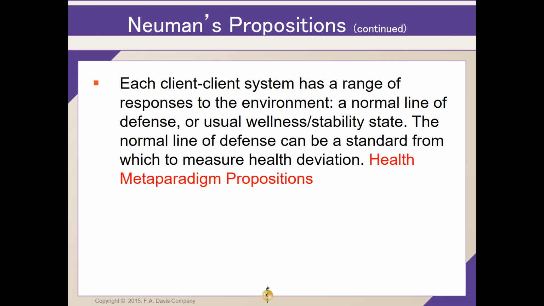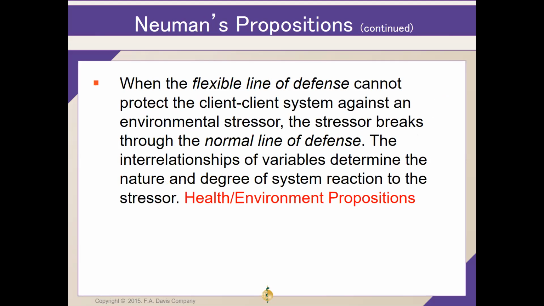So in this case, we have the client interacting with the environment to result in a state of health or wellness or illness. And so those are propositions of those 3 metaparadigms in this particular model.